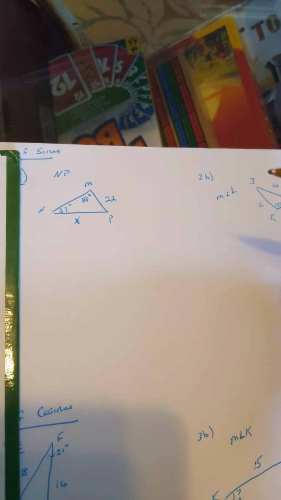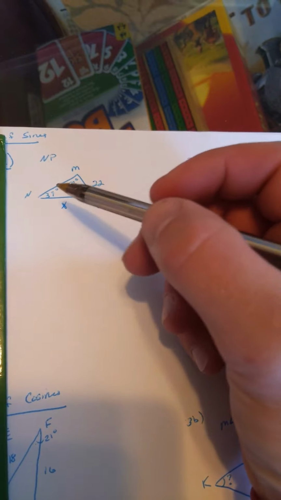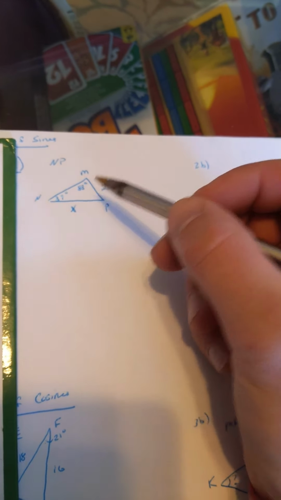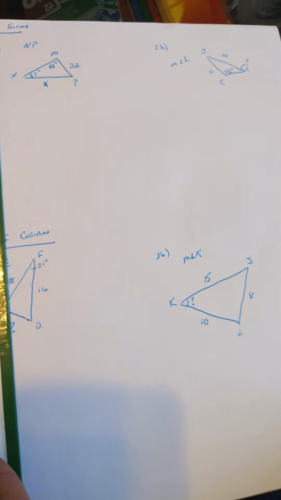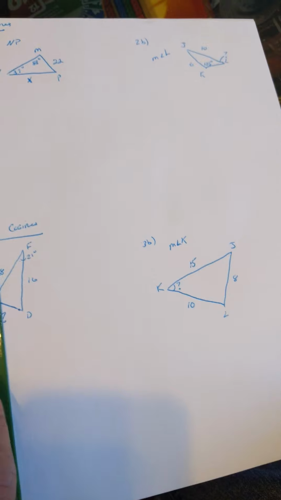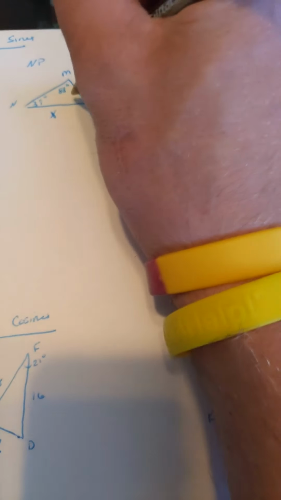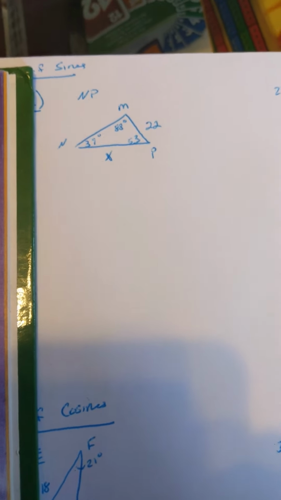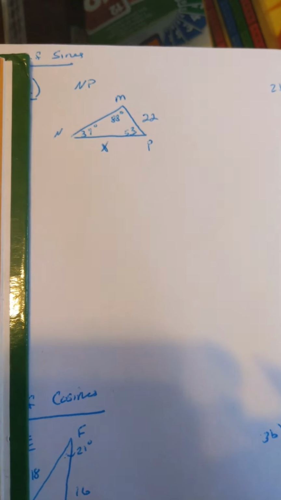We've got 39 plus 88. Brain's not quite working this morning. 39 plus 88 is 127. So that means this angle measurement right here is 53. Do you have to find that? No. But it sometimes helps to have a complete idea of all the angles.